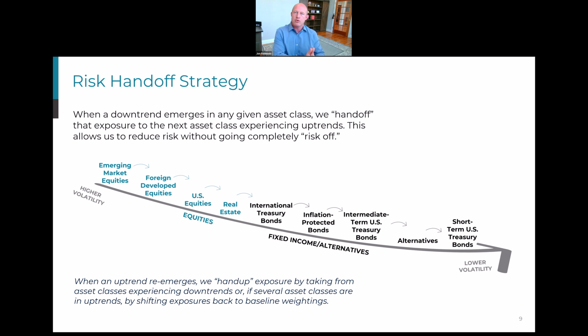But then it goes to foreign developed equities and asks the question, are foreign developed equities in a rising or falling trend over the same time frame that emerging is reducing exposure? And if the answer is yes, it's in a rising trend, then we pull the exposure from emerging and put it in foreign developed. And now we're overweight foreign developed.